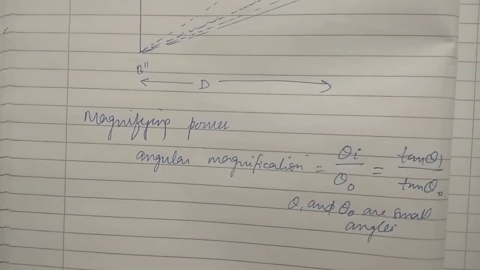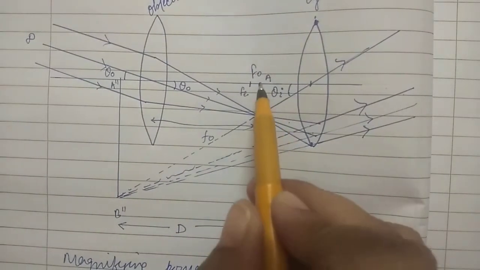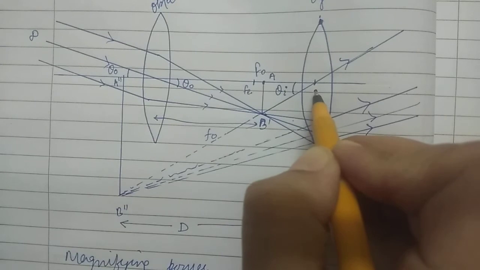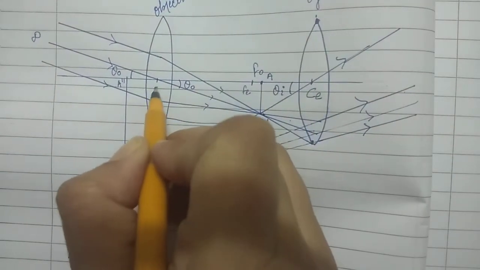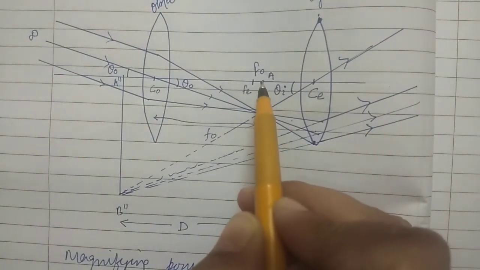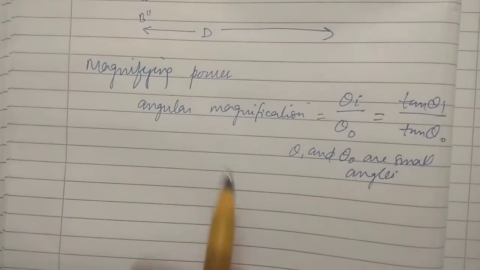Now let us find out what is tangent theta I. Tangent theta I is perpendicular over base. So let us consider this is the optical center of the eyepiece, and this is the optical center of the objective. So what is tan theta I? This is perpendicular over this base.